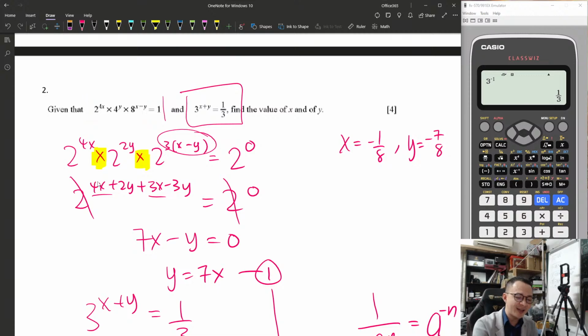Okay, let's test, let's use this shorter equation to check it out. So 3 power of negative 1 over 8 plus negative 7 over 8, close the bracket, because it's 3 power x plus y, isn't it? So I type enter, I get 1 over 3. Then I'm very confident that my answer is correct.